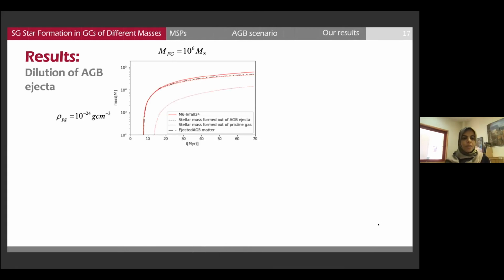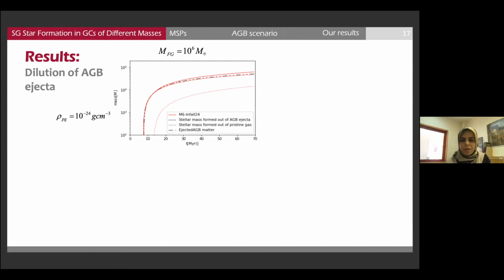In this plot, we can see the dilution of AGB ejecta in the simulation with these parameters. The solid line shows the total stellar mass as a function of time. We have also divided the total stellar mass into the fraction of second generation stellar mass formed from just AGB ejecta and from pristine gas, with these red dashed and dotted lines. There is also a black dashed-dotted line, which shows the total injected AGB matter.